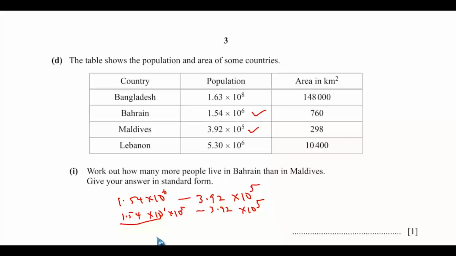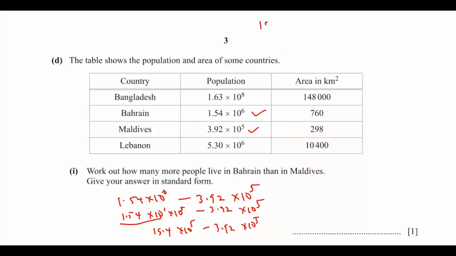So we are going to have 15.4 times 10 to the power of 5 minus 3.92 times 10 to the power of 5. So you can now subtract 3.92 from 15.4, and add 10 to the power of 5 because they are similar now.